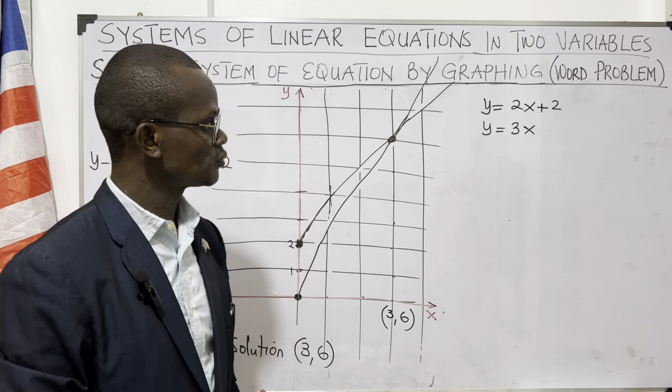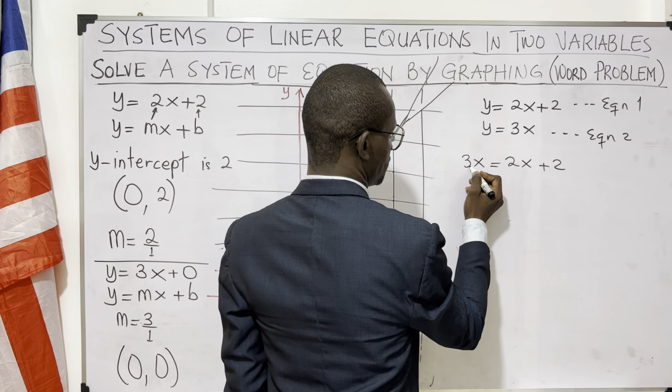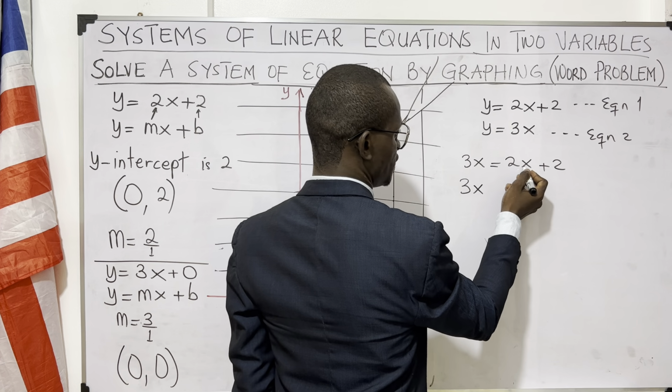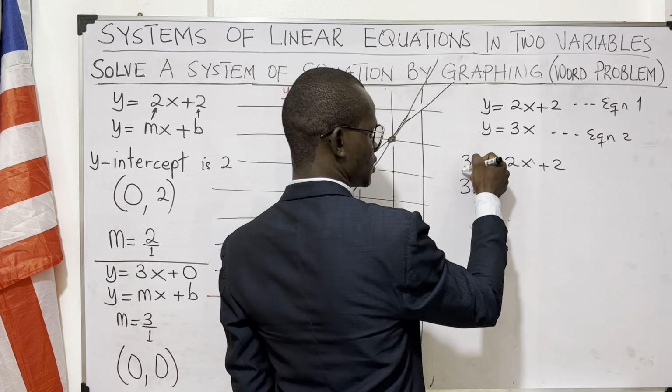Where we see this y, we're going to put 3x. So we put 3x equals 2x plus 2. Then we solve for x. This is 3x. You send this 2x across the equal sign. What do we get? We get minus 2x equals 2.